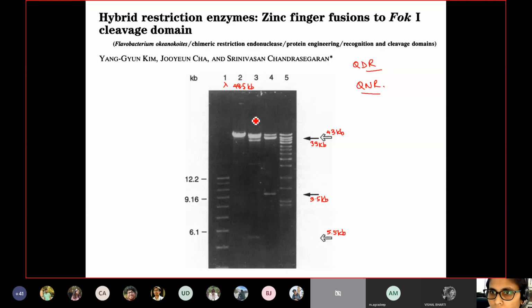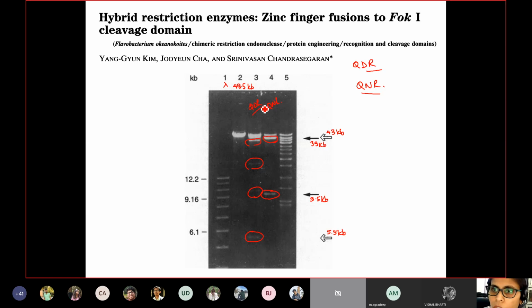These two are shown here, and both were able to cut the DNA at specific recognition sequences. For example, you have more than one cut in the QDR case, whereas in QNR you have a very specific recognition site, that means one recognition site.